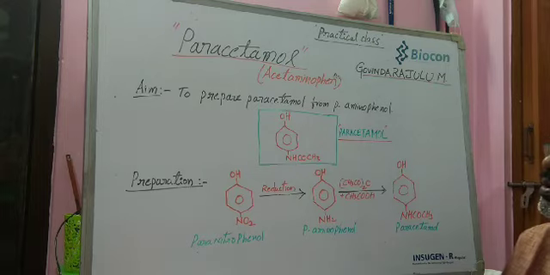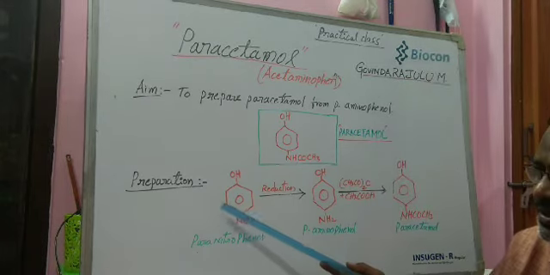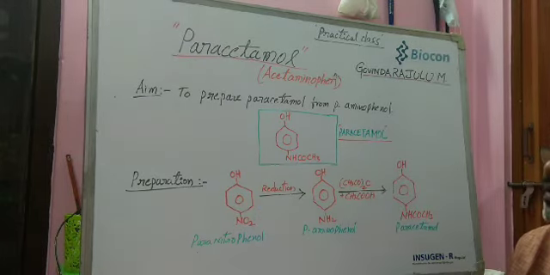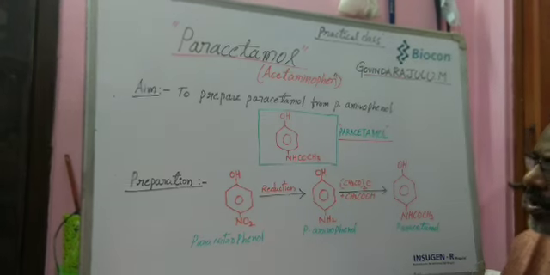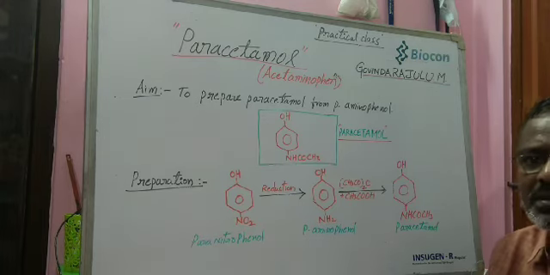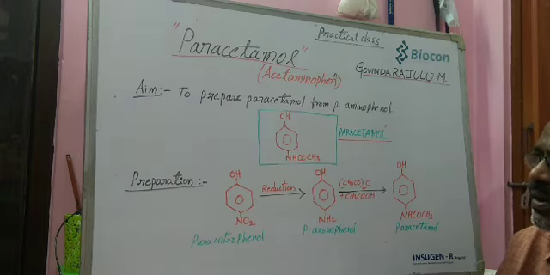So you write down the structure of paracetamol and what reactions take place in the preparation of paracetamol. Note it down in your observation book and do the practicals in our chemistry laboratory.